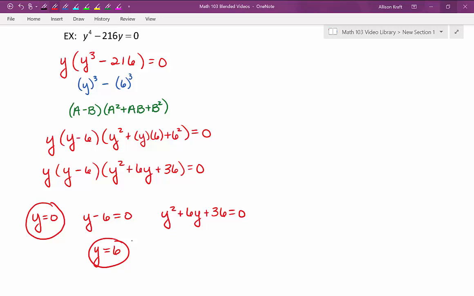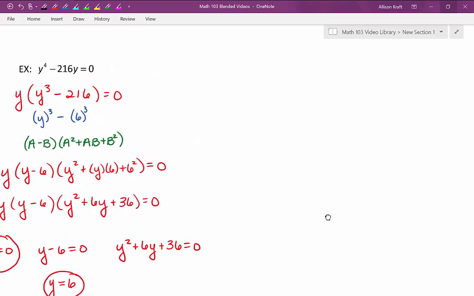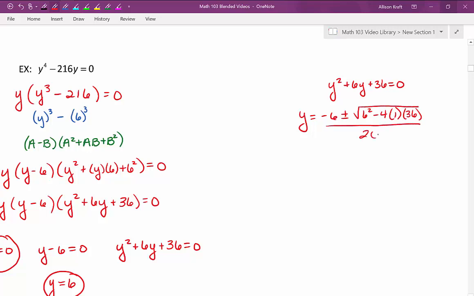This equation does have a linear term, so that eliminates the technique of square root property. My next choice would be the quadratic formula. We get y equals negative 6 plus or minus the square root of 6 squared minus 4 times 1 times 36, all over 2 times 1.